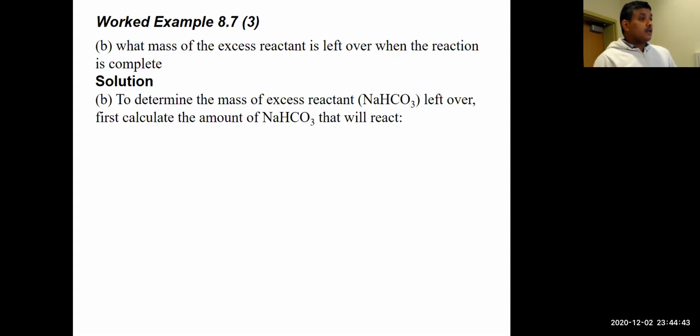Part B is asking us to identify what mass of excess reactant is left over when the reaction is complete. So sodium bicarbonate is the excess reactant. For that, we need to identify how much sodium bicarbonate is consumed when the given moles of citric acid is used up, then see the difference.